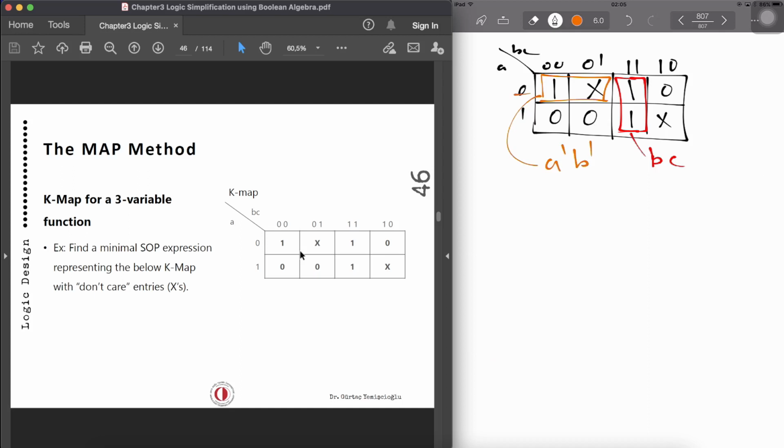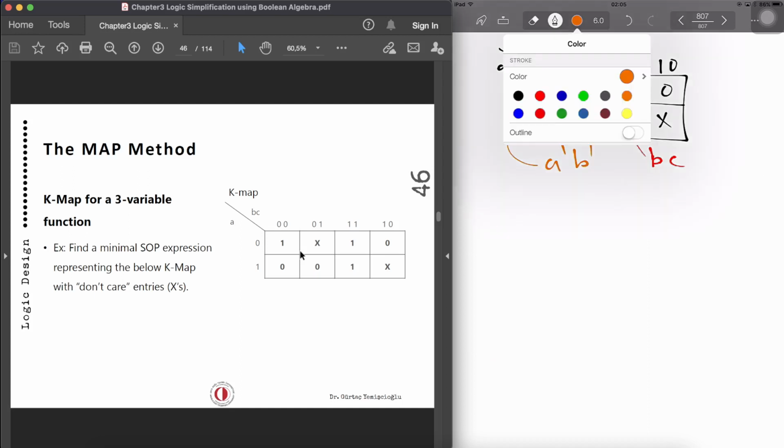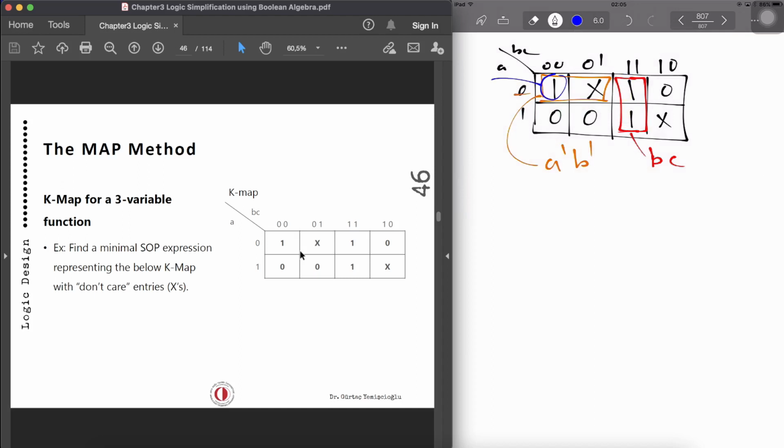Okay? Because if you think about it, if you just have 1 over there, this is going to be A prime B prime C prime. So rather than having 3 literals, I can just have A prime B prime. That's why I combined and I made an assumption that x is going to be 1 at that point.